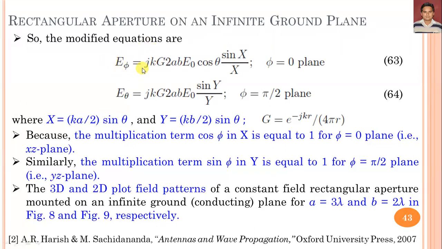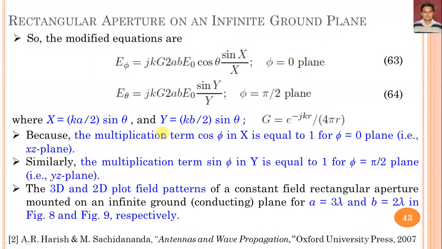These modified equations, E of phi and E of theta, are in the phi equals 0 plane and phi equals pi by 2 plane, where x is equal to k a by 2 sine theta, and y is equal to k b by 2 sine theta, and g is e to the power minus j k r upon 4 pi r, as we have discussed.